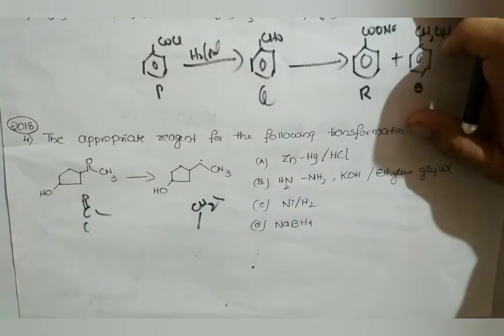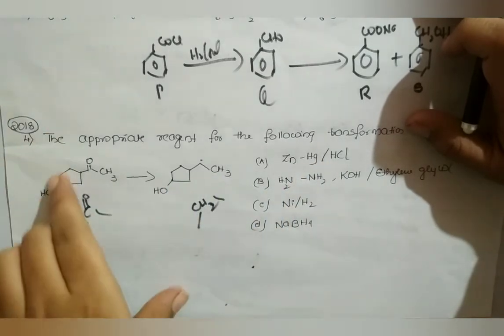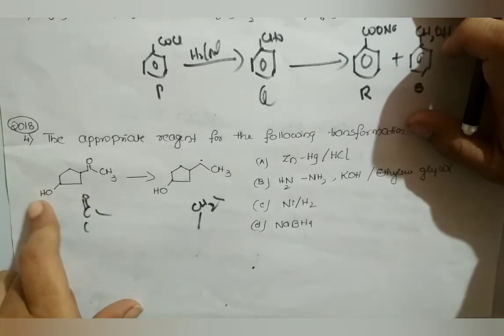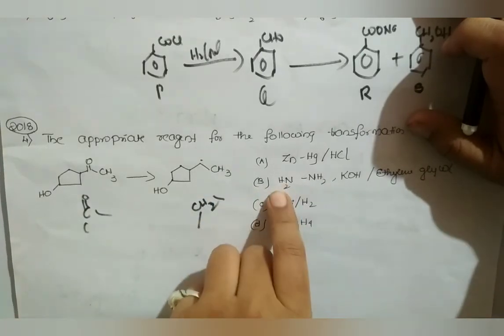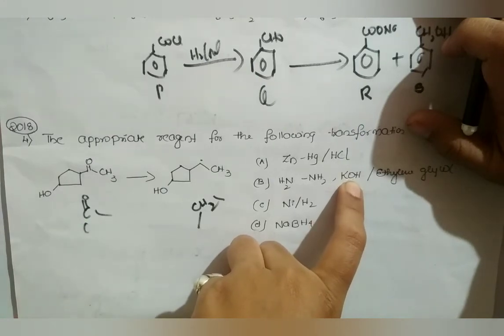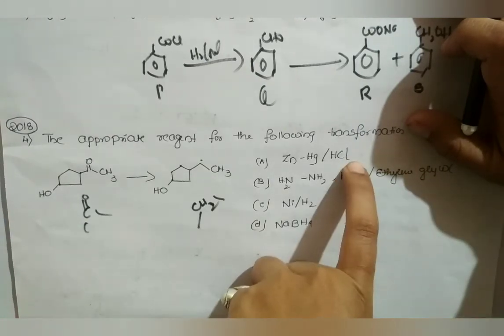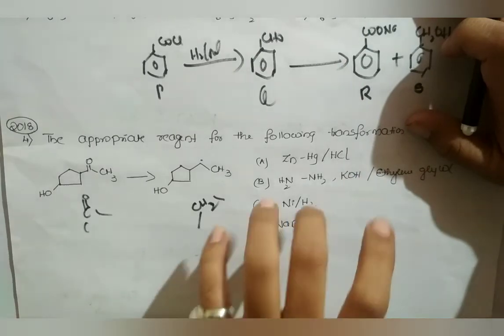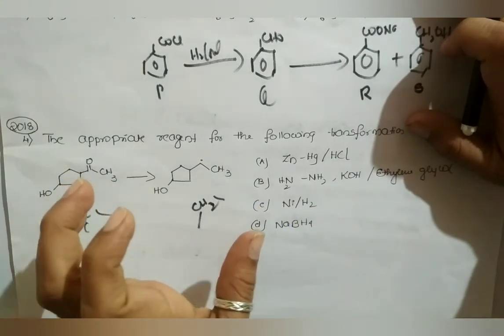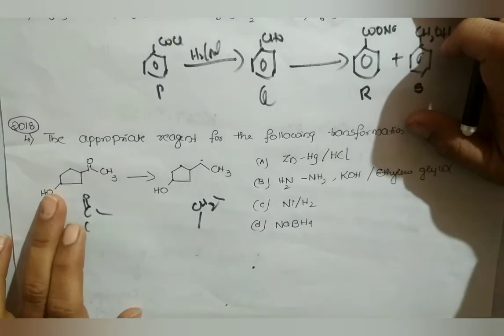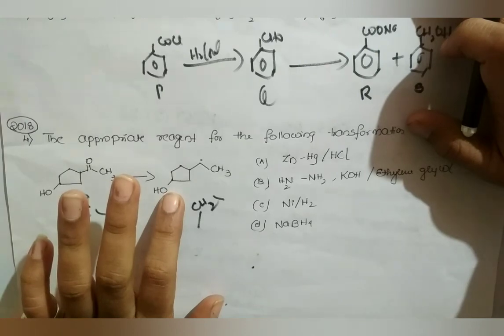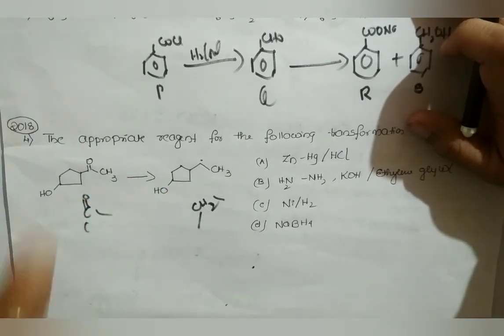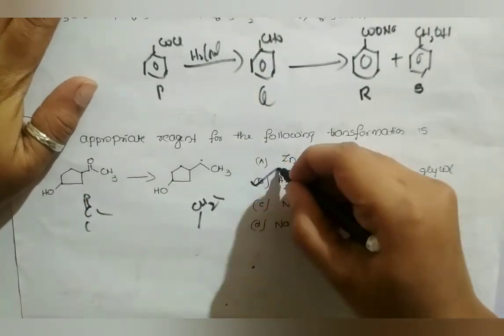But if we use hydrazine in the presence of potassium hydroxide and ethylene glycol, since potassium hydroxide is basic in nature, it will not react with this OH group, or it protects the OH group. So even in the product we are going to get OH as it is. So it is option B which is correct.